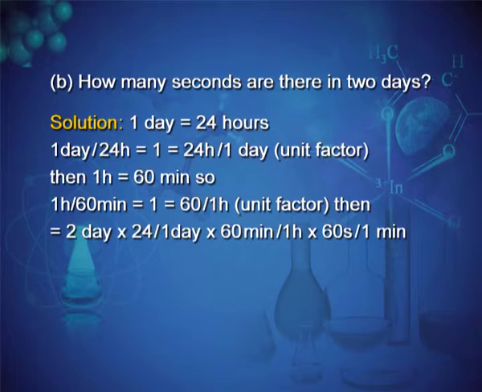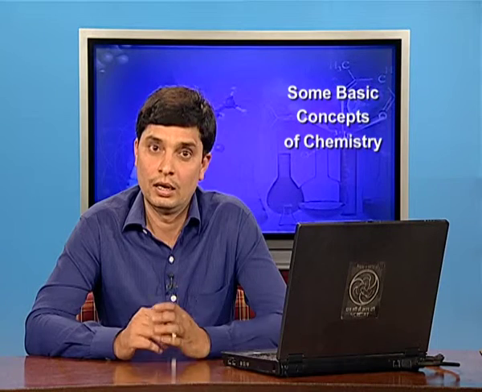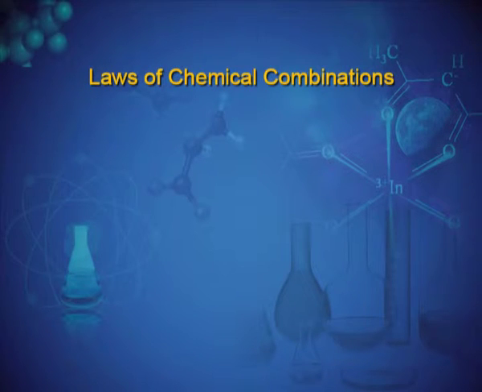Then 2 days into 24 hours by 1 day into 60 minutes by 1 hour into 60 seconds by 1 minute. So the final answer will be 2 into 24 into 60 into 60, which is equal to 172800 seconds.